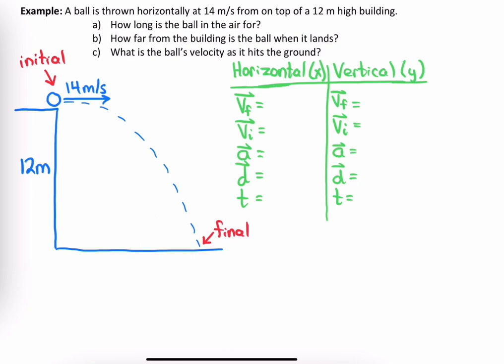And the trick here is not only do I have to decide whether a number is VF or VI or A or D, I also have to decide now whether it fits on the horizontal side or on the vertical side.